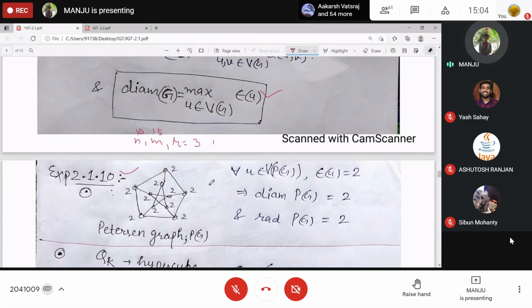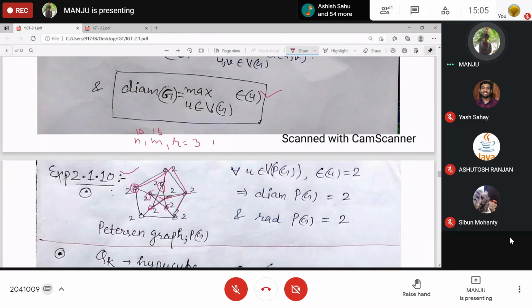Now tell me the eccentricity of every vertex. For the eccentricity of any vertex, you count the maximum possible distance, right? These are adjacent, and adjacent vertices have distance 1. This vertex you can reach via this one, the smallest possible path length. Then this to this you have two, again two, again two.